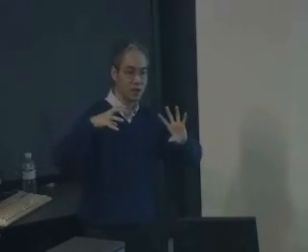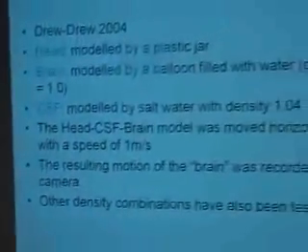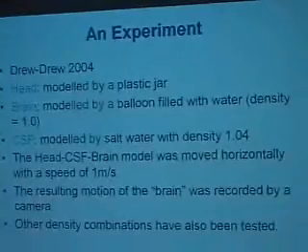According to this theory, because CSF is denser, it has a bigger inertia. So it should be the fluid that goes forward, and then the brain will actually displace backwards. That's the CSF theory argument. So people have actually done experiments to justify this theory.